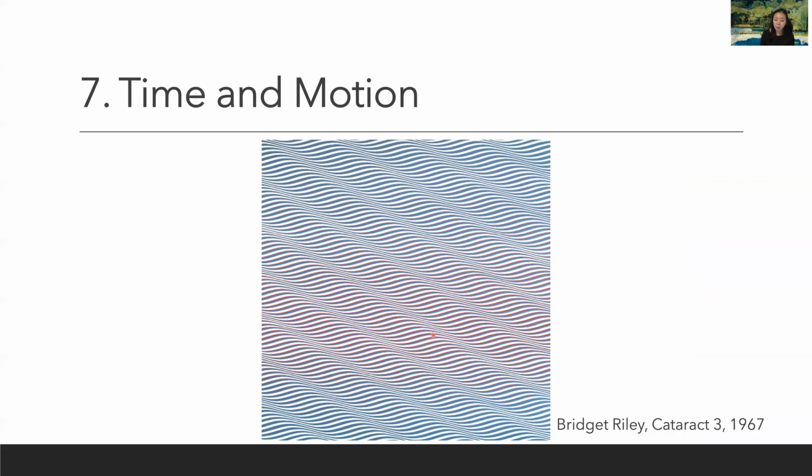If we focus on a single point in the center of the work, it appears there is an overall vibrating motion. This optical illusion grows out of the natural physiological movement of the human eye.